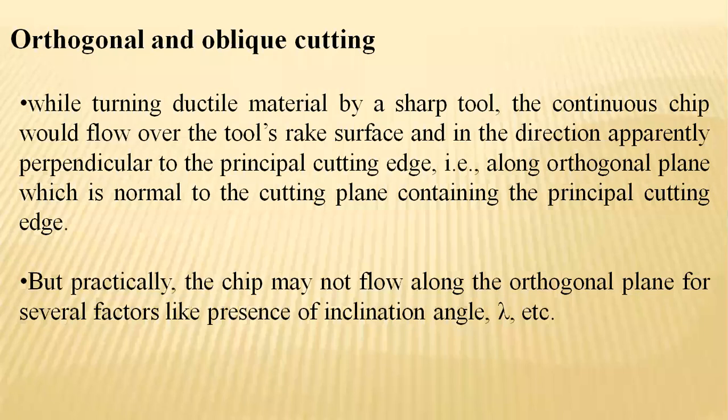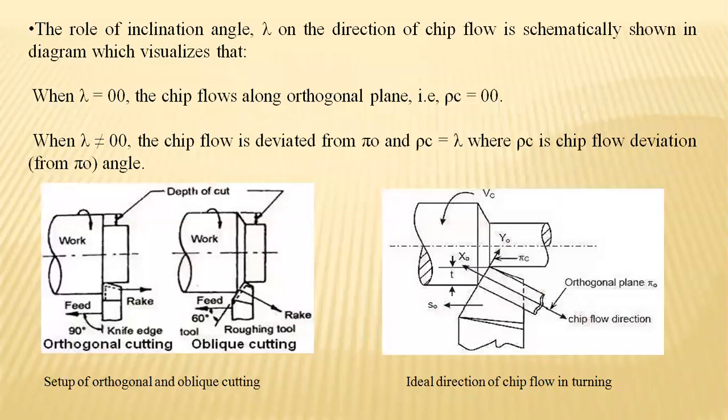But in practice, the flow of these chips along the orthogonal plane depends on several factors like the inclination angle, etc. Its role of inclination on the chip flow is shown in the diagram here, orthogonal cutting, upon removing material by a small feed.